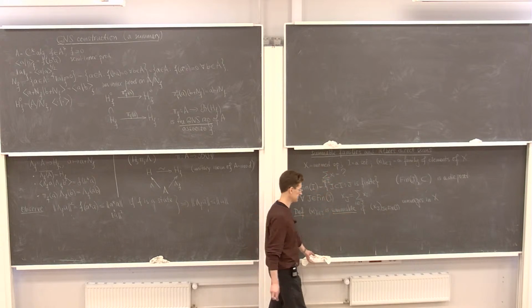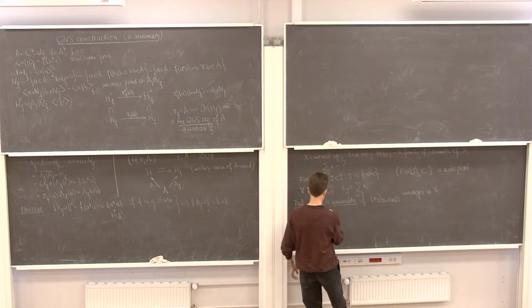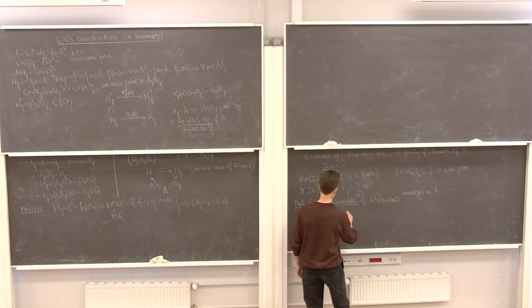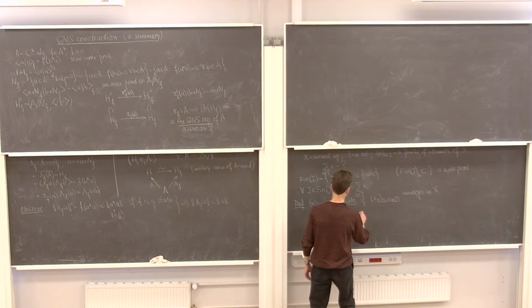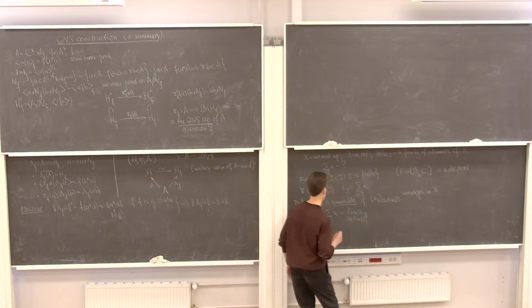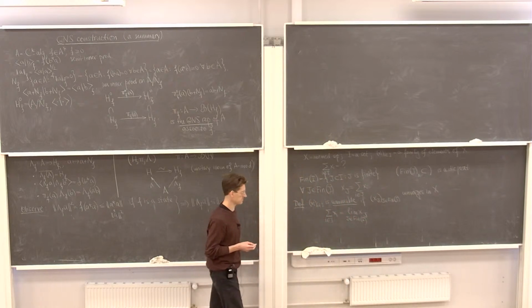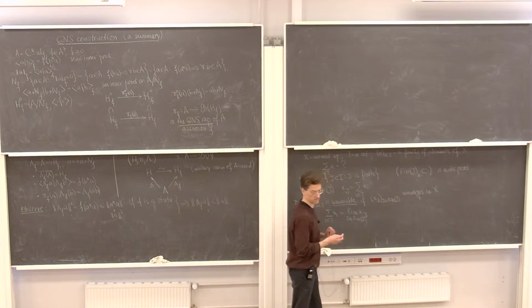So by definition, the sum of our family is just this limit. This is a formal definition of a summable family and of the sum of this family.